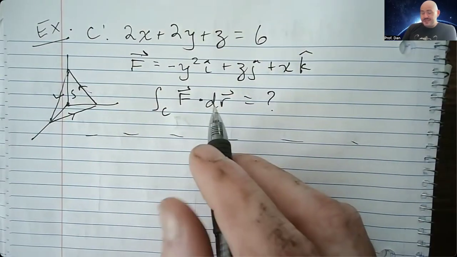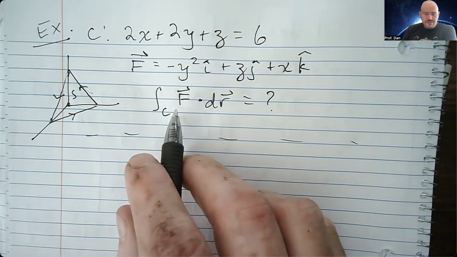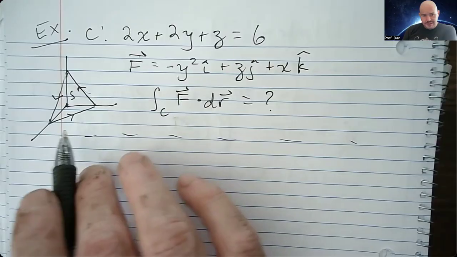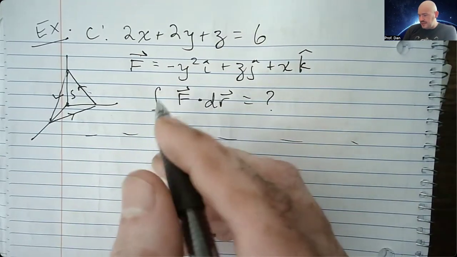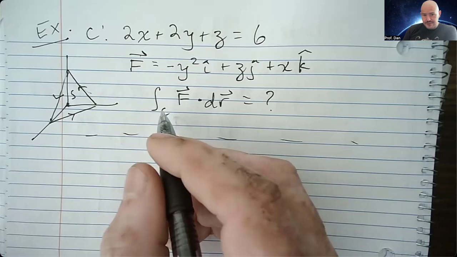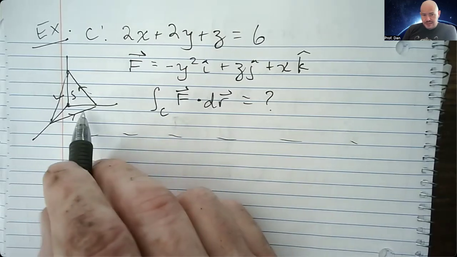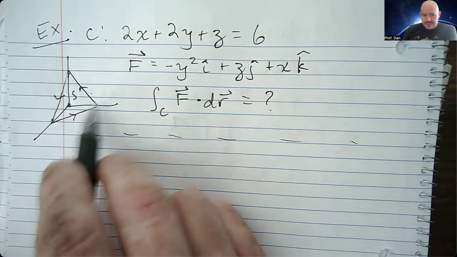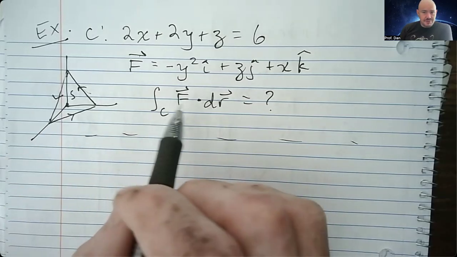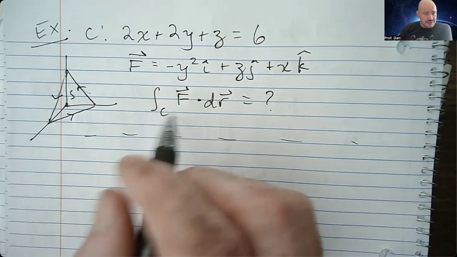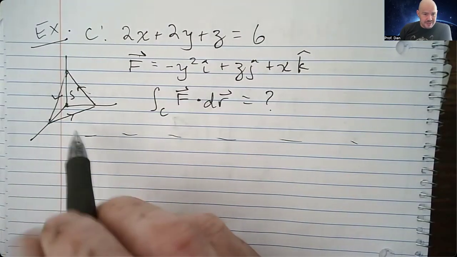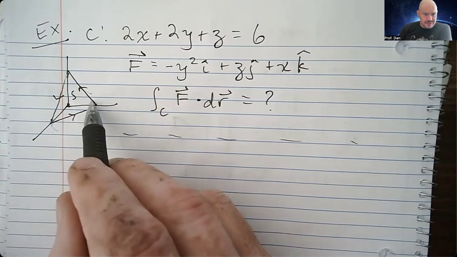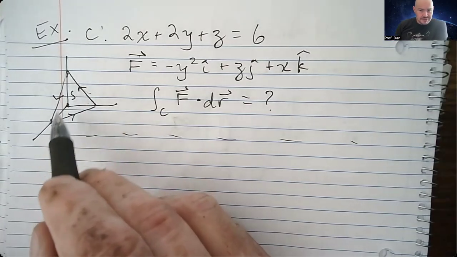We already know because of Stokes' theorem that we can convert this line integral about this space curve path into a surface integral. And the reason we might want to do that for this one is that if I were to evaluate this as a path integral, I would need to split it into three separate pathways: the leg that goes this way, the leg that goes that way, and the leg that goes that way.